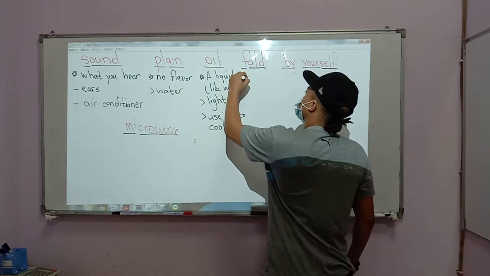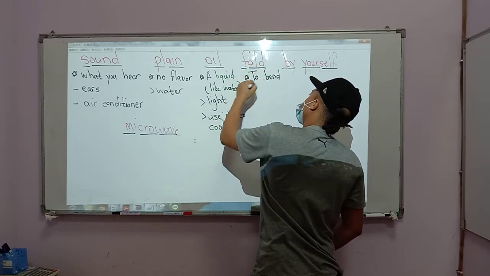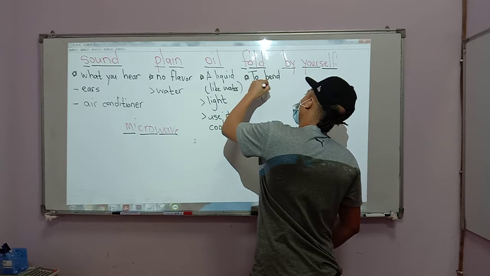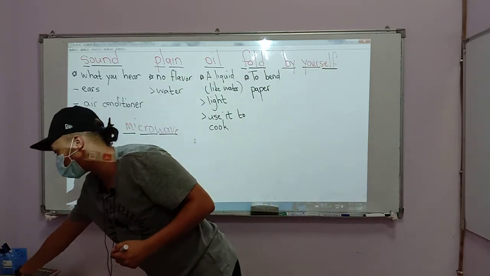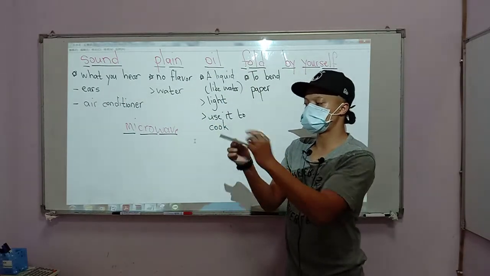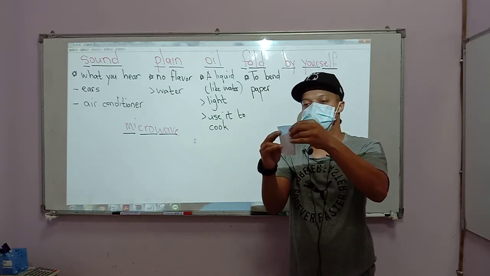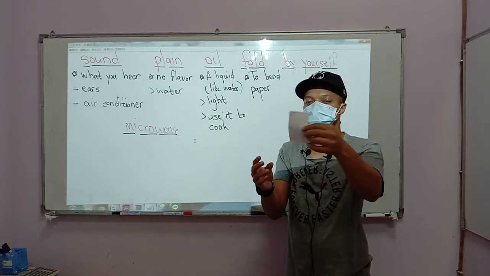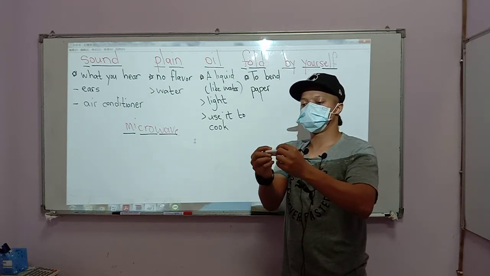Then we have fold. The word fold means to bend paper. To bend paper. So I have one piece of paper over here, okay, and I want to fold my paper, so I bend it, and now it is in the half. I fold it in half, okay, and I fold it in another half and another half.